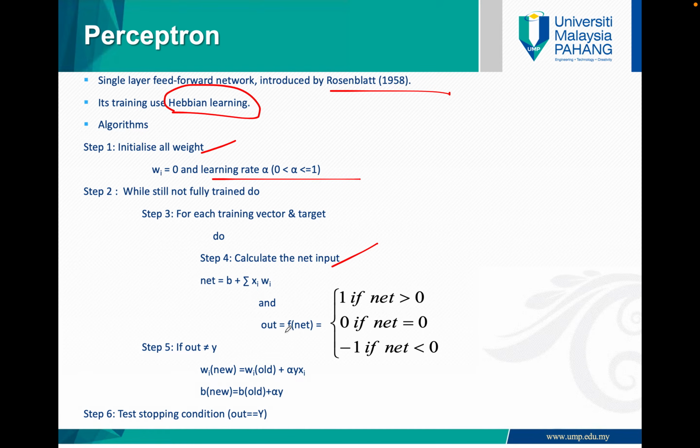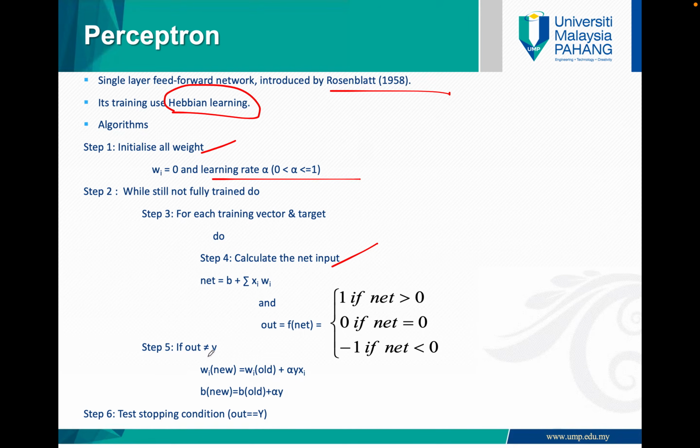Then the activation function: if net is greater than 0, the output will be 1. If net equals 0, the output will be 0. If net is less than 0, the output will be minus 1. After that, we move to step 5.